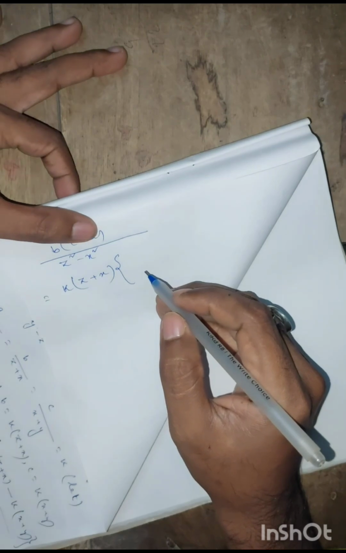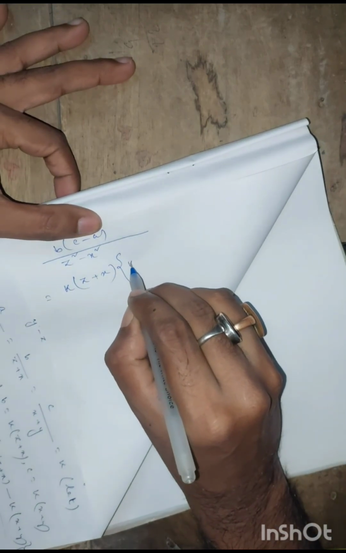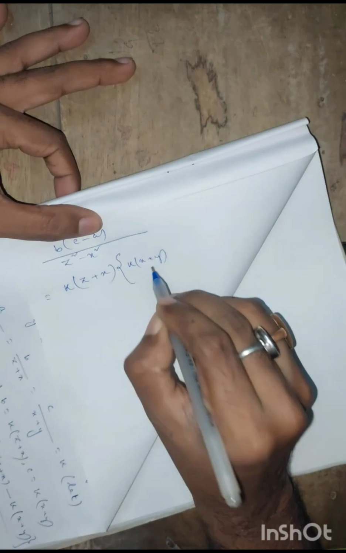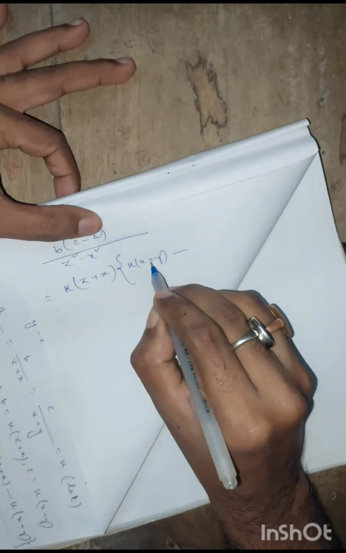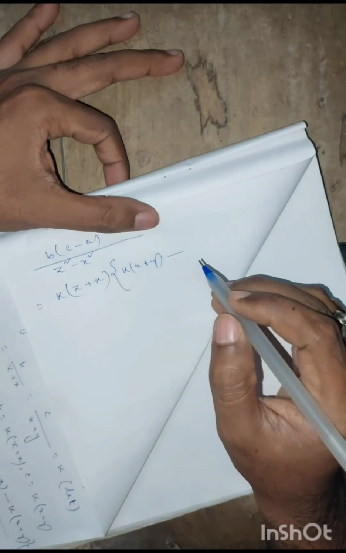In place of c we can write k into (x plus y). In place of a we can write k into (y plus z).